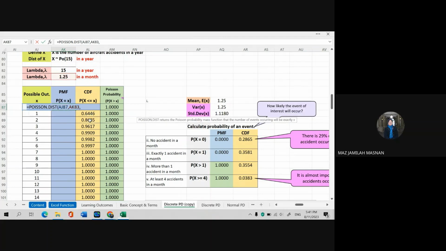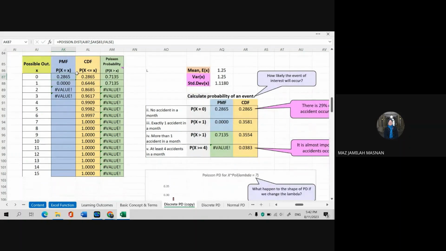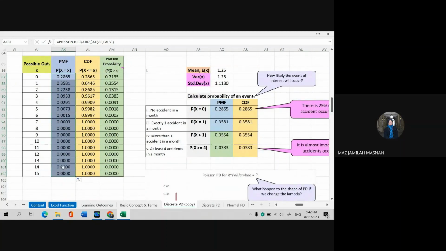So double click false, close the bracket, enter. Remember, if you drag down without fixing the lambda value, there will be an error. To fix that, put the $ sign on the location of your lambda, and then drag down until 15. So you will get that.